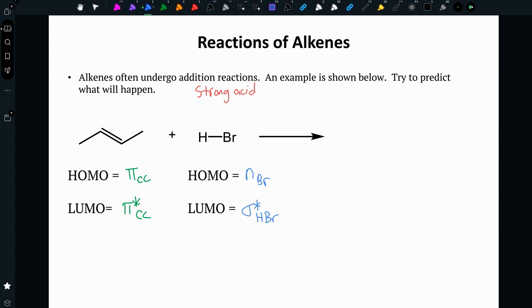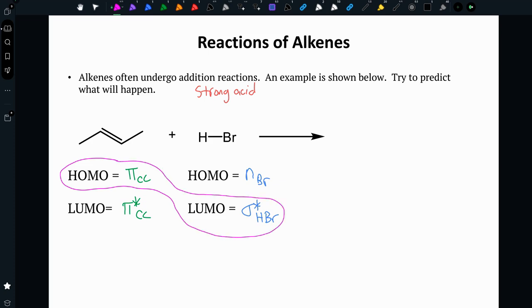Now, when you consider these orbitals and you're thinking about what might donate to what, it might be a little hard for you to determine which is going to be the better interaction. But I've already told you that pi star CC is not going to act as an acceptor very often. So the interaction we're really going to be looking at is between pi CC and sigma star HBr.